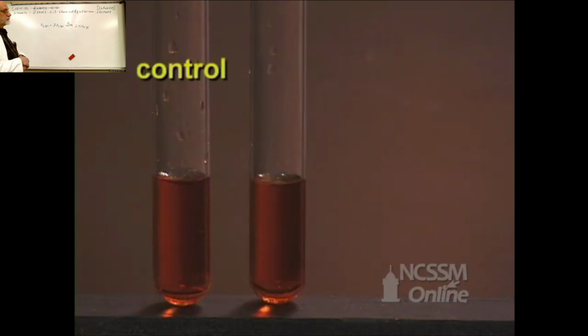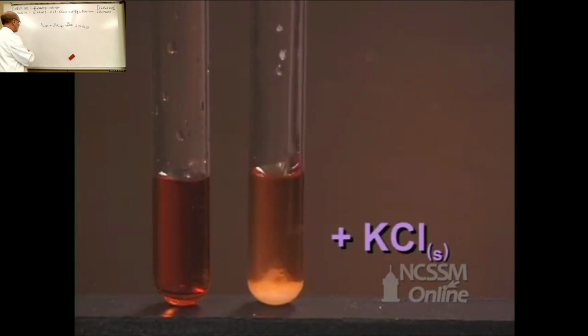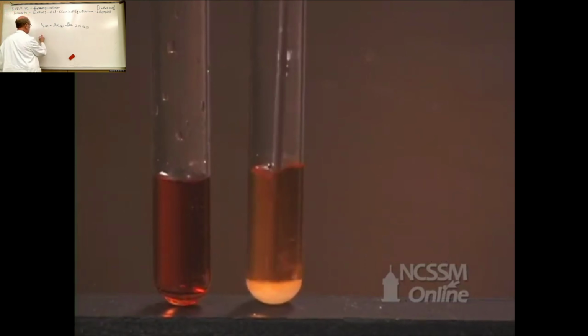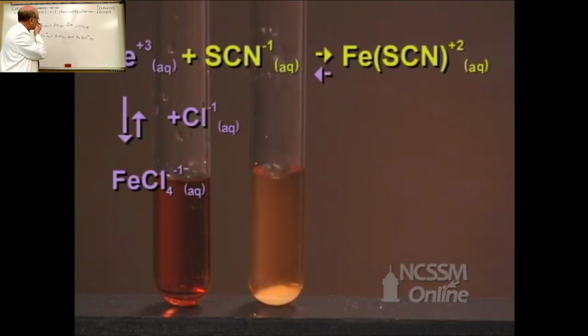We will now add solid potassium chloride to the solution. We notice the decrease in color indicating that the reaction has shifted in the reverse direction. The chloride ion forms a complex ion with the iron, effectively tying up the iron concentration. The equilibrium shifts in the reverse direction to try and replace the iron that's been removed.